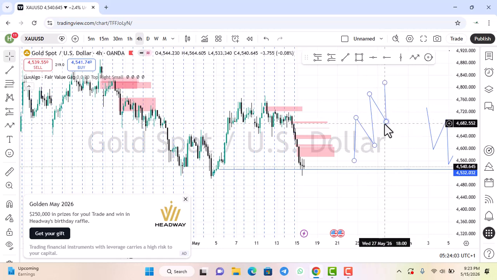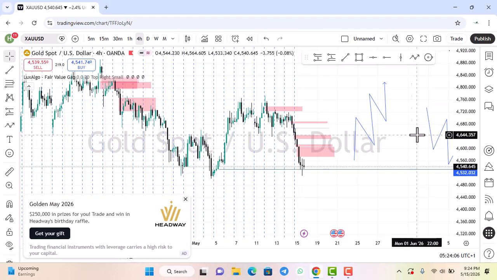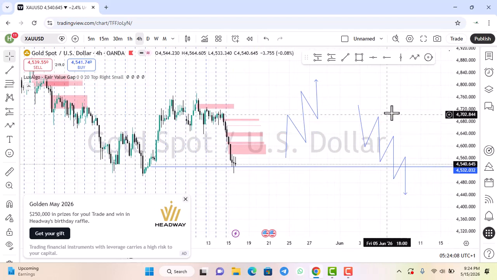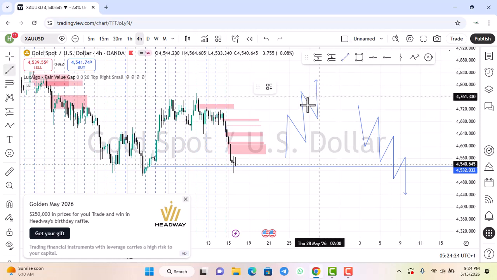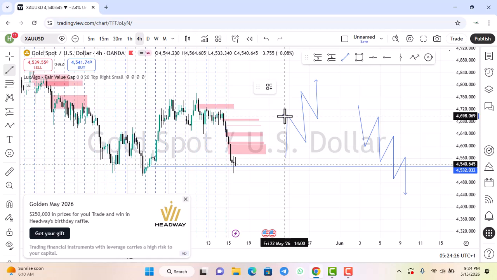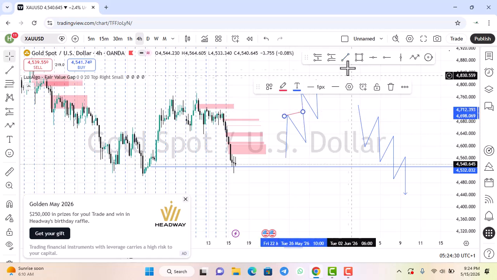And for the market to move from a lower high, which is this point, to print another lower low, it must break the previous lower low, which is this point here. So let me use trend line. Look at this, and look at this.